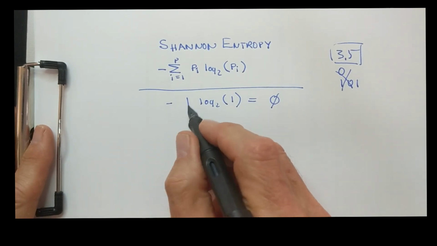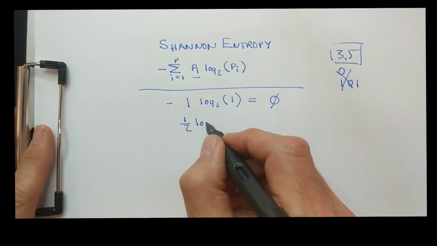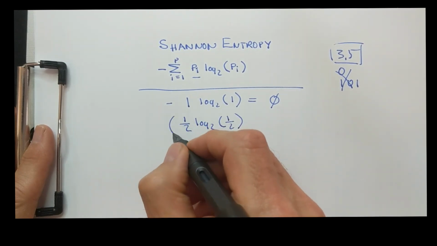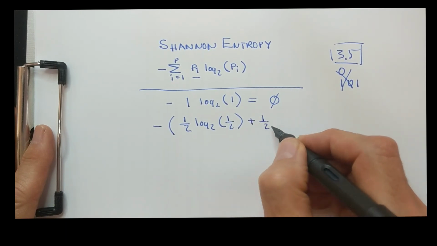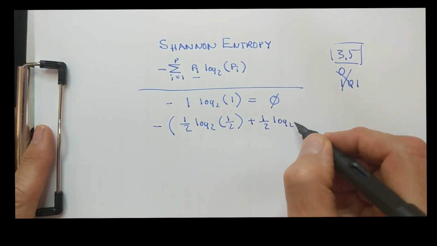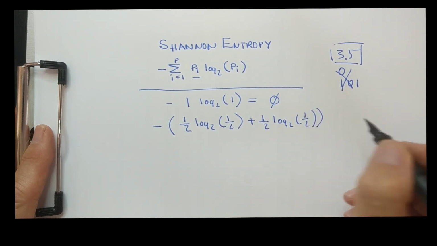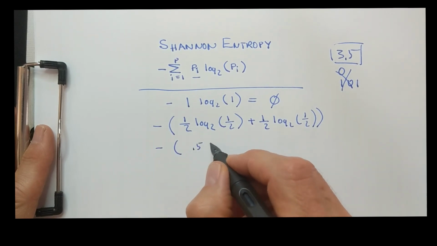Let's do the coin toss. The probability of it being a head is 1/2 times log 2 of 1/2. Should put that big minus in it. And then the tail is 1/2. Okay, so this would be minus 0.5.